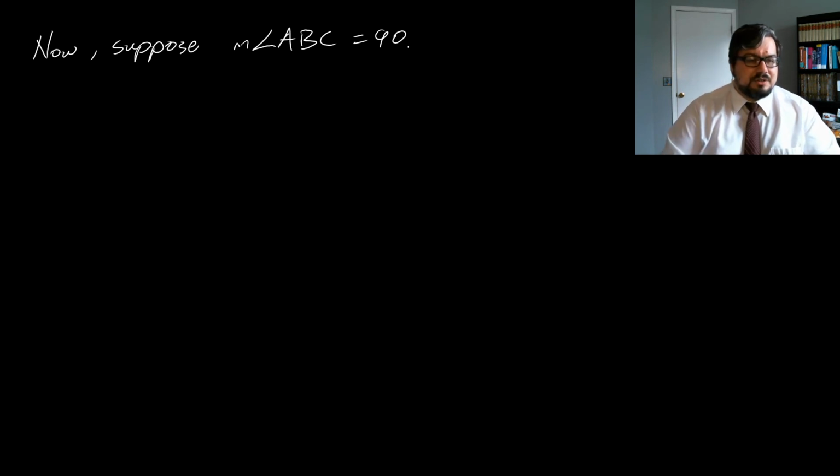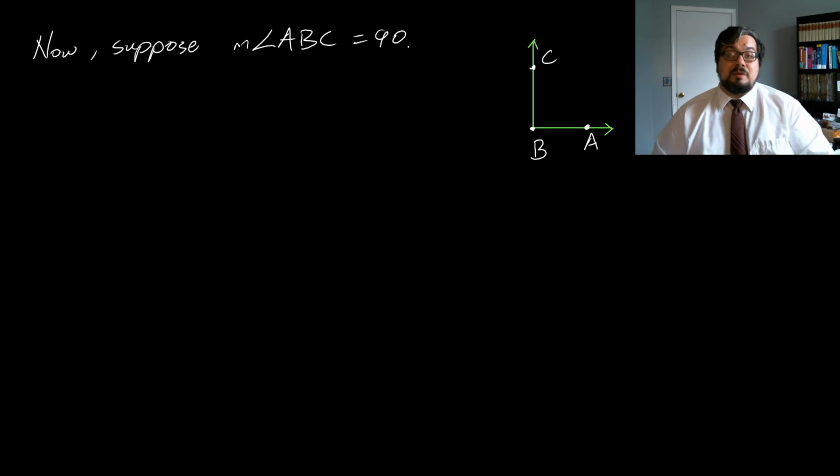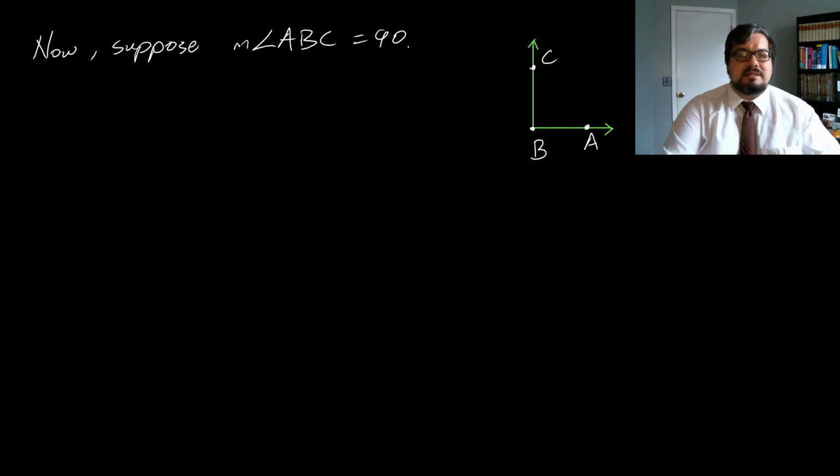So the current situation is the following. We have our angle A, B, C, and I've drawn it as a right angle because that's what we know we're aiming towards. Now we have to construct some angle that forms a linear pair with this one.